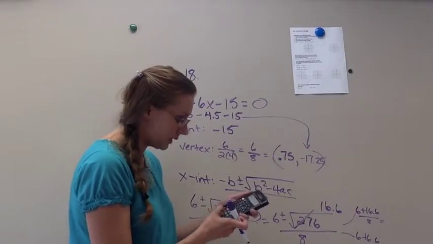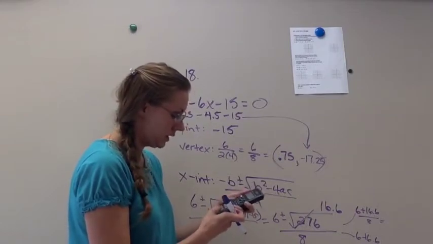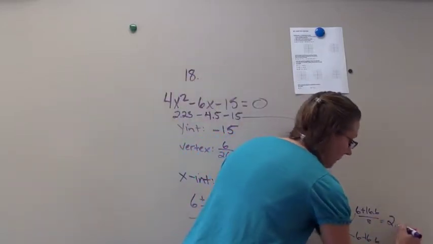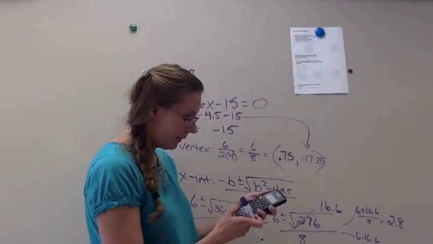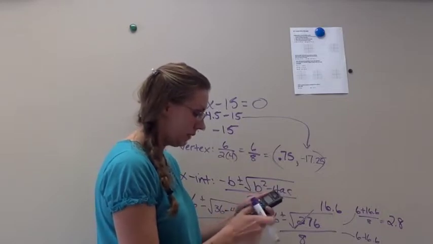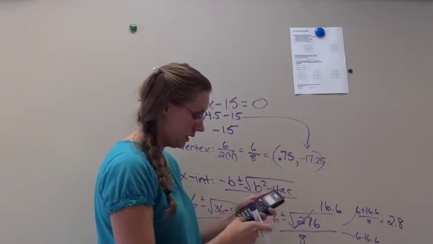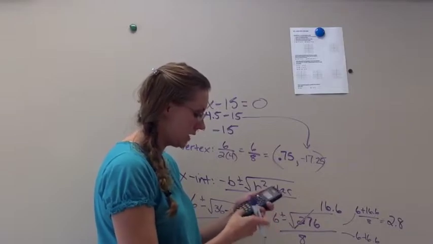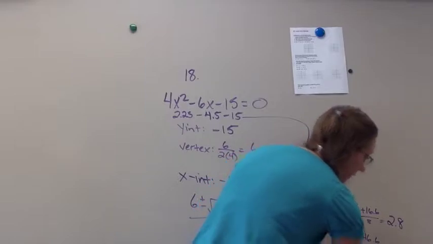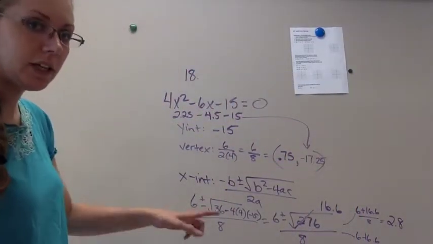So 6 plus 16.6 equals, divide by 8, 2.8-ish. And then 6 minus 16.6, equals, and then divide by 8, a negative 1.3.